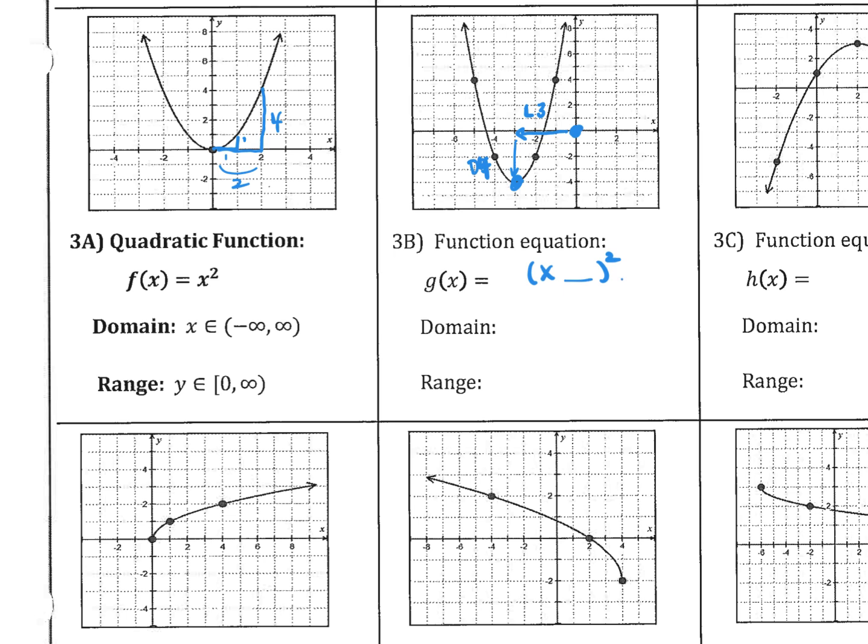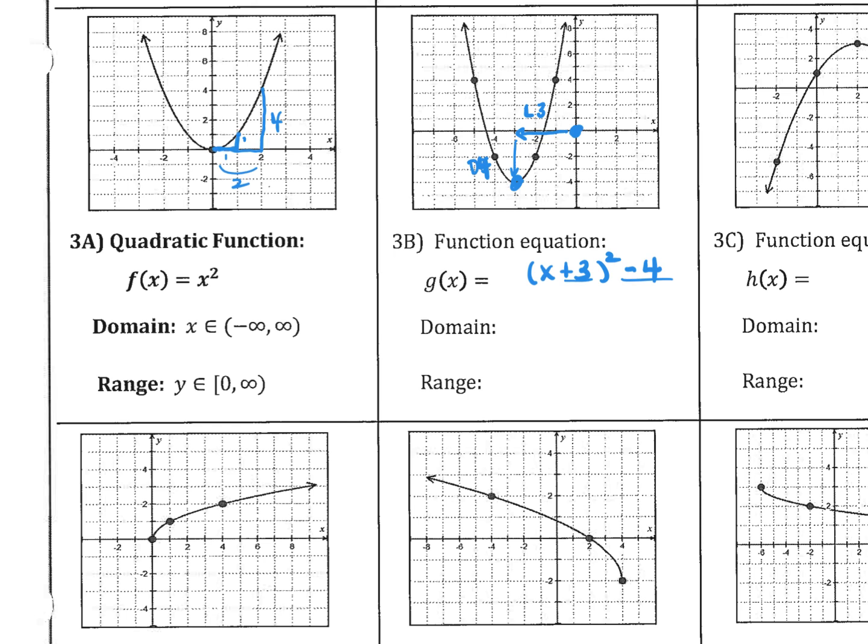We've got to fill in here and here. The left, right goes inside. The up, down goes outside. So what does that left 3 become inside? Right was minus. So left has to be what? So it would be plus 3. Down 4 would be what at the end? Minus 4, correct? Okay.